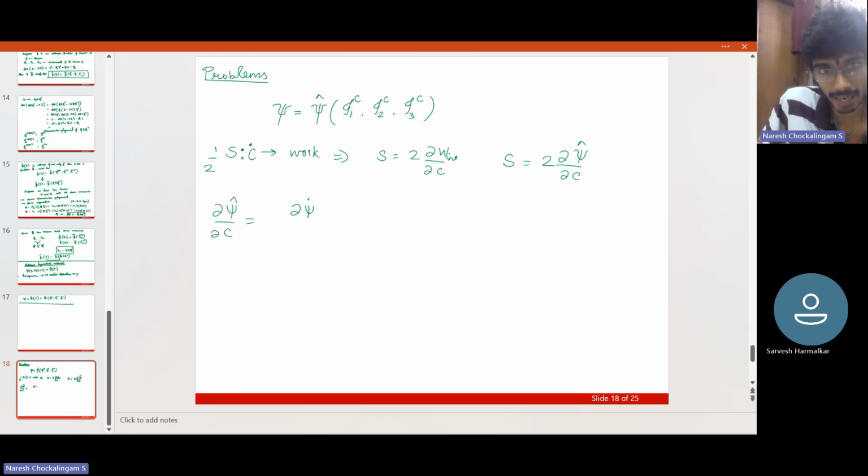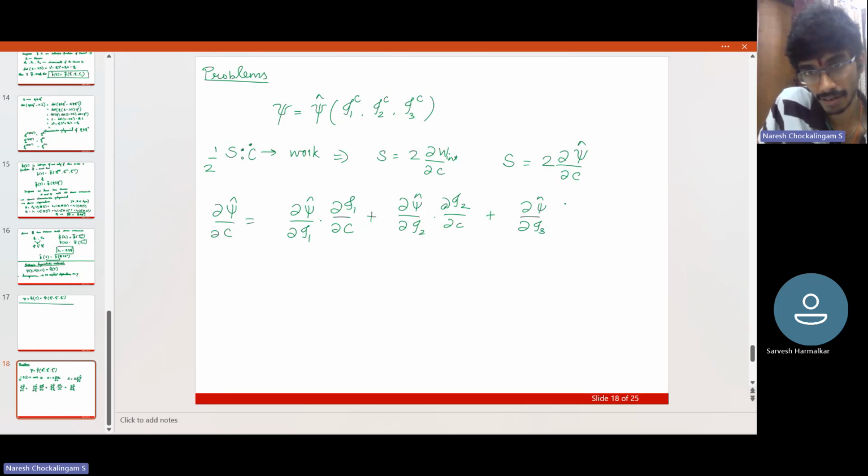It is nothing but dou psi cap with respect to the first invariant, which is a scalar, but the result has to be a tensor, multiplied with dou I1 with respect to dou C, plus dou psi cap with respect to the second invariant times the partial derivative of the second invariant with respect to C, plus dou psi cap with respect to the third invariant and dou I3 with respect to C. Now the particular form of psi will determine the first factors, but whatever is multiplying them can be found in common.